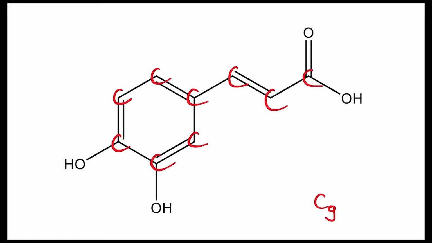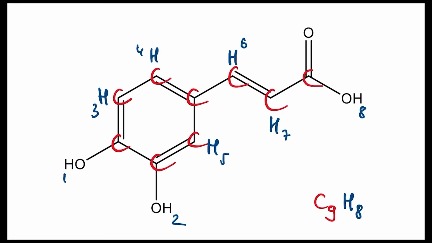So I'm gonna put additional ones here, here, here, and then one here and one here. And then let's count them. 1, 2, 3, 4, 5, 6, 7, 8. That's correct. And then what we're left with is oxygens. 1, 2, 3, 4. Ta-da!